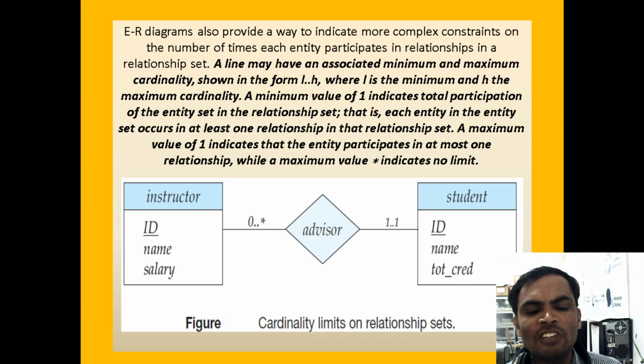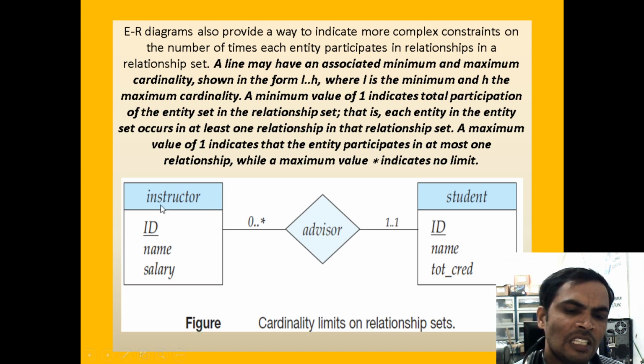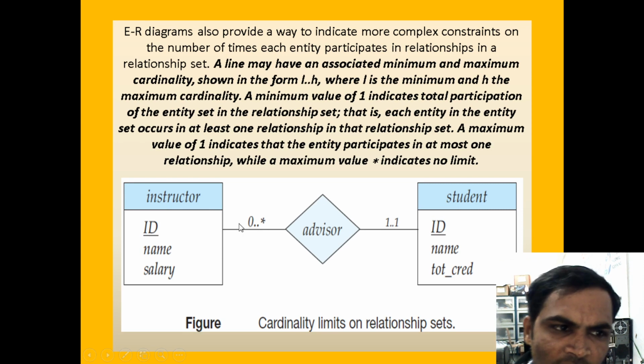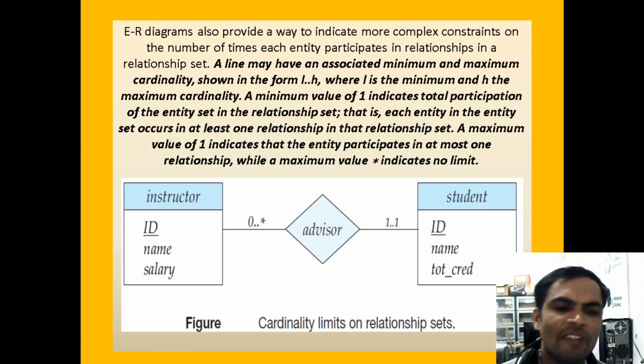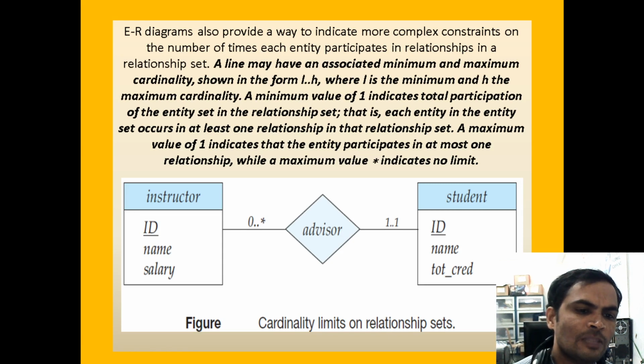Maximum we are representing with the help of H. H means it can exist up to n number of cardinality, meaning one to many. If you want to give the cardinality one to one, we can give it from the instructor to the students as L and L. Means L and L, if you are giving as a minimum cardinality, we should give a small l.